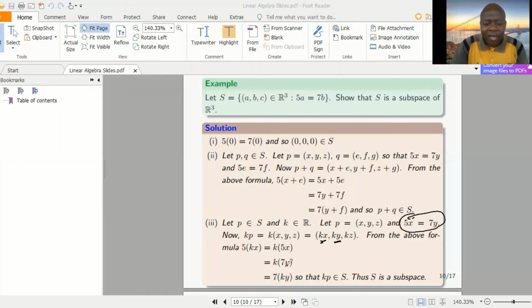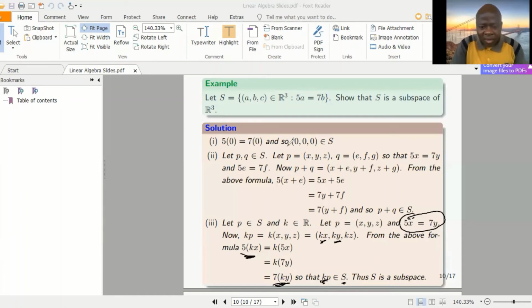So instead of 5x, I write 7y. And again, using commutativity and associativity at the same time, I get 7 multiplied by Ky. So you notice that 5 times the first element is 7 times the second element, and therefore the product here is in S.